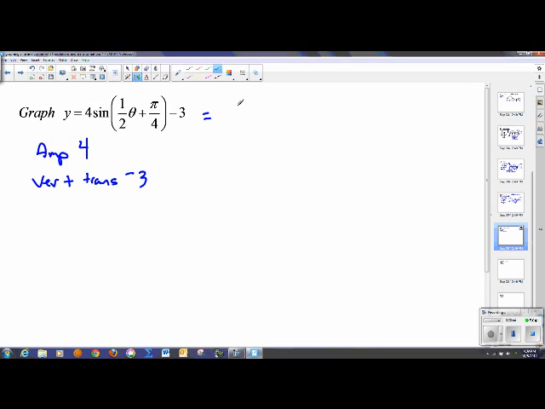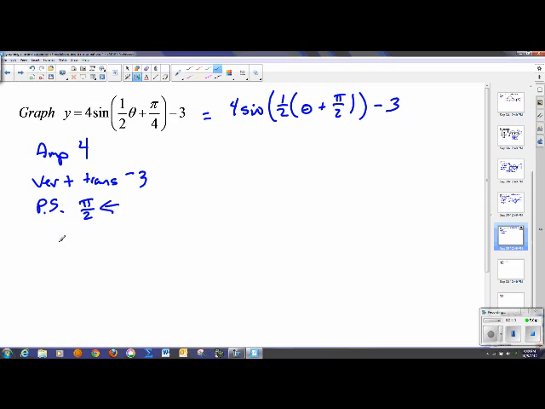So this is going to be 4 sine, pull out my half. I'm left with theta plus, I believe it's pi over 2, minus 3. So this means I have a phase shift of pi over 2 to the left.